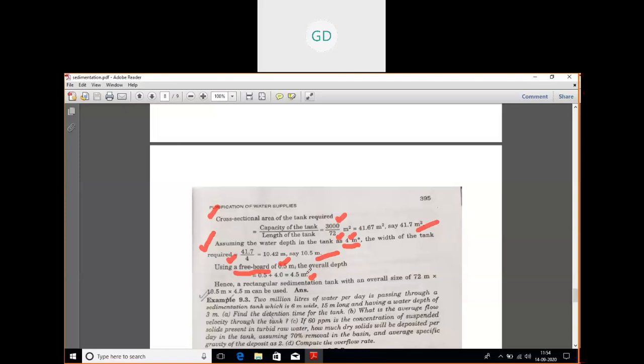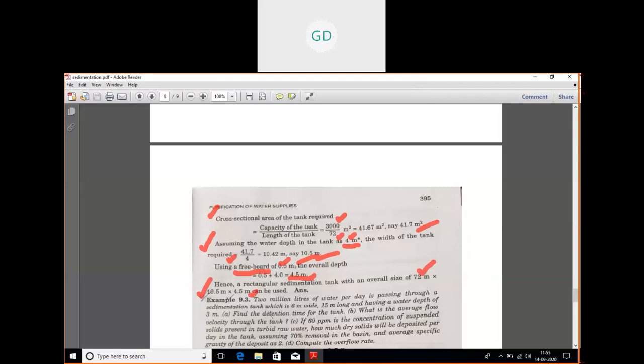So finally we got the length as 72 meter, 10.5 meter as the width, and 4.5 meter as the total depth. So your problem is solved.